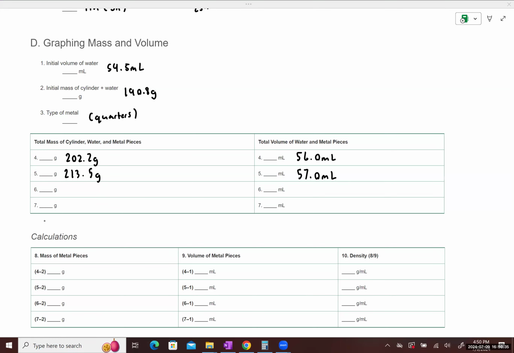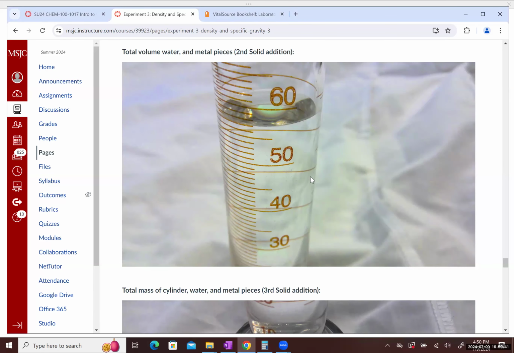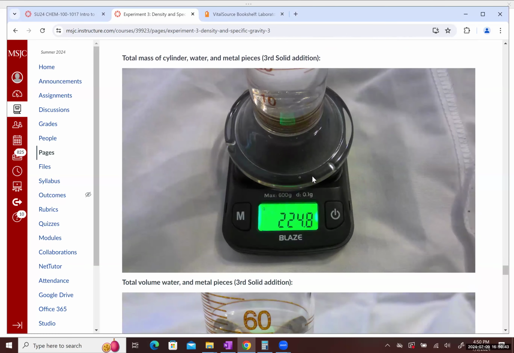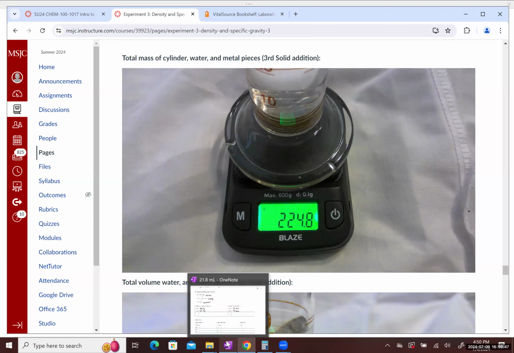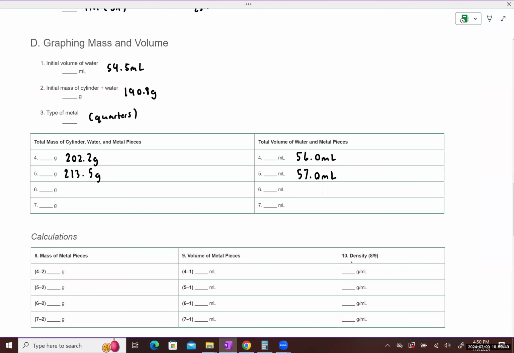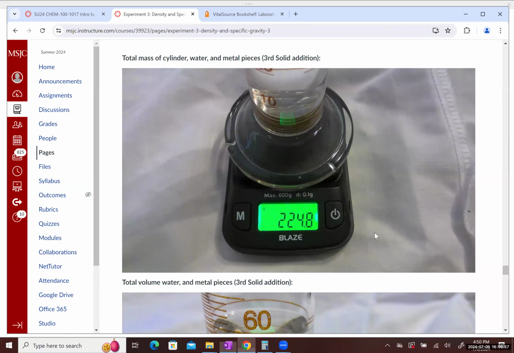Okay, now let's continue on to the third solid addition. In this case, we have the total mass, which is 224.8 grams. Okay, now let's record the volume.